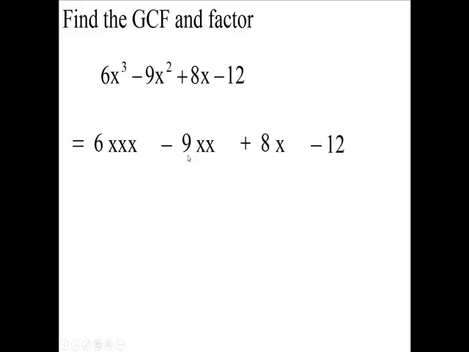Group these, and what do they have in common? Well, both 6 and 9 can be divided by 3, and they both have an x squared on it. So this is your greatest common factor for these two terms when you group them. And you're left with a 2x. Notice 3 times 2 is 6, and you took 2 of the x's out. That left you 1 x.